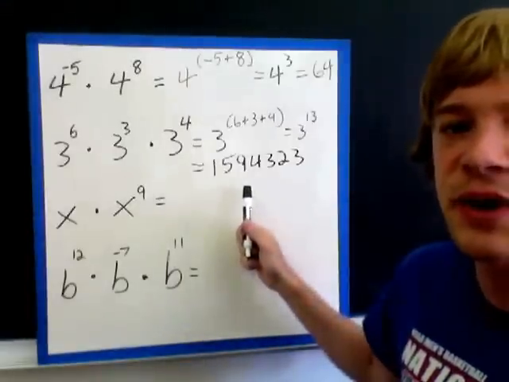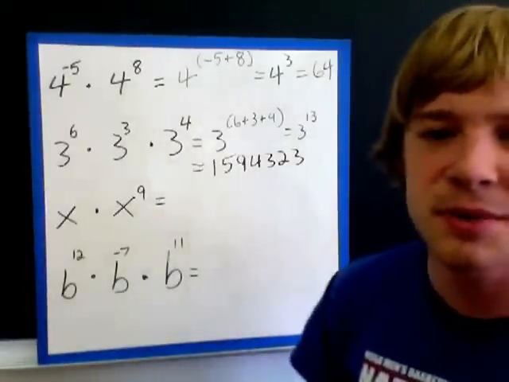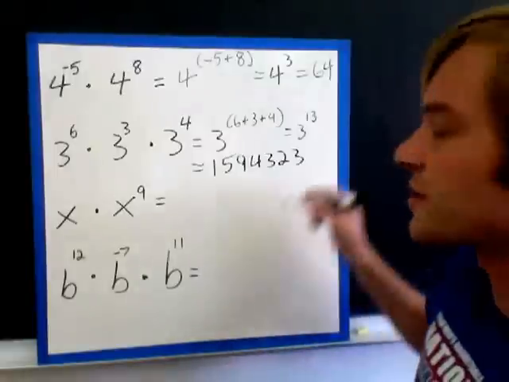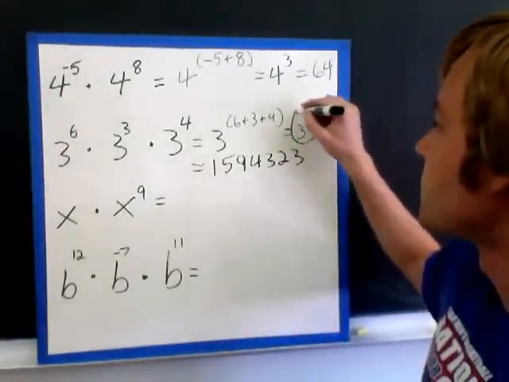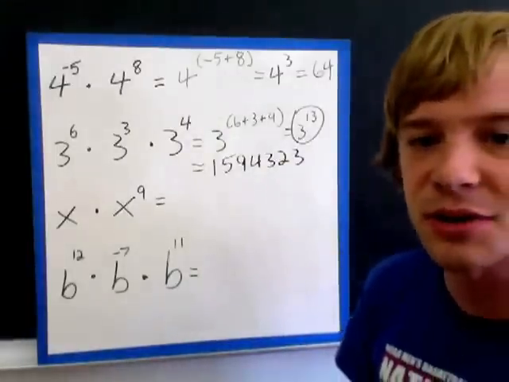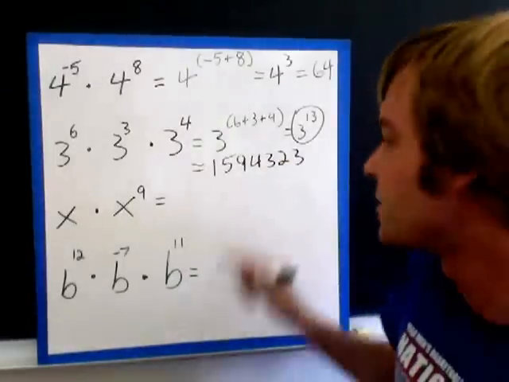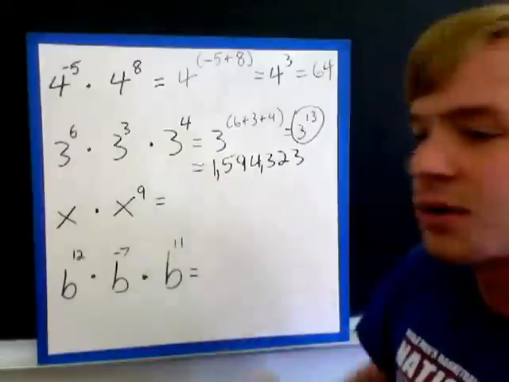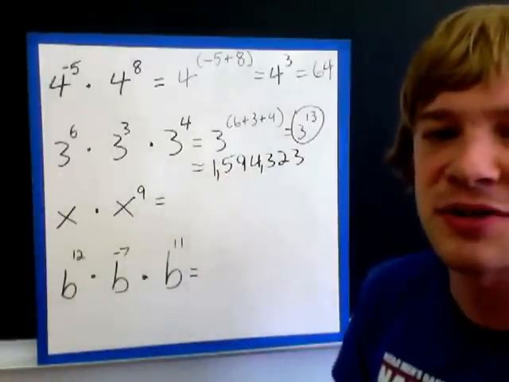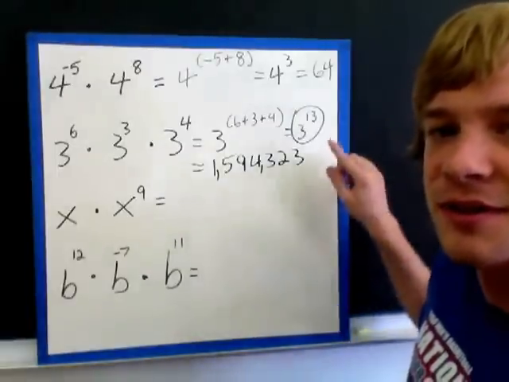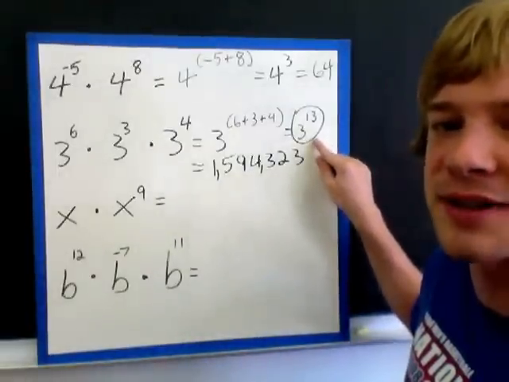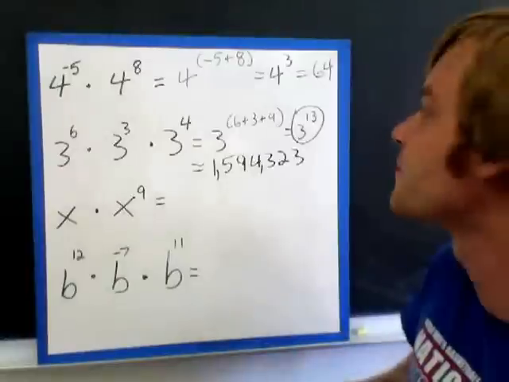So I get this very large number. Most of the time, you can just simply leave your answer as 3 to the 13. That's a lot easier to look at, a lot easier to work with than 1,500,094,323. So, for the most part, we can keep our answers in exponential form.